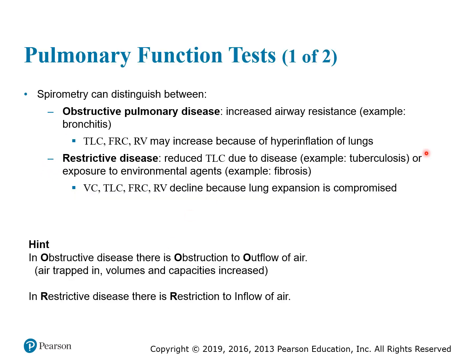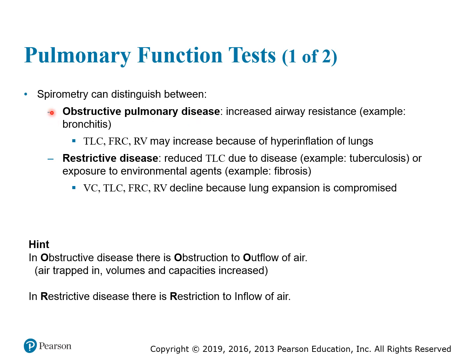Now let's go over the pulmonary function tests. The pulmonary function tests tell us how well the lung is doing its function of ventilation. Spirometry is the process which we use, and it can distinguish between obstructive and restrictive diseases.